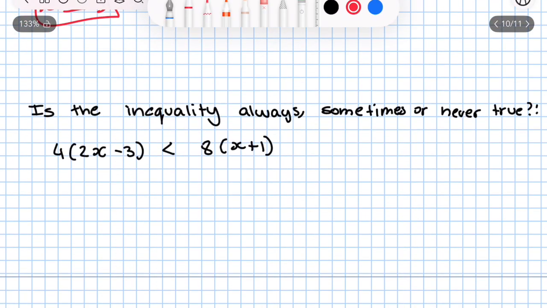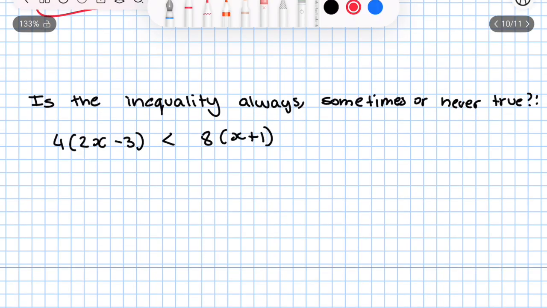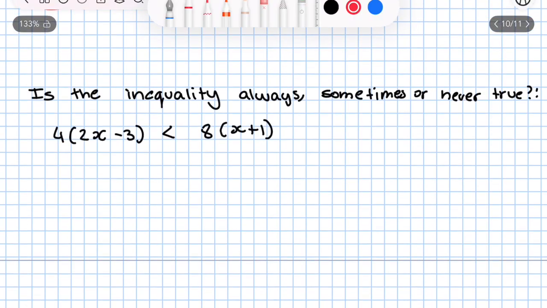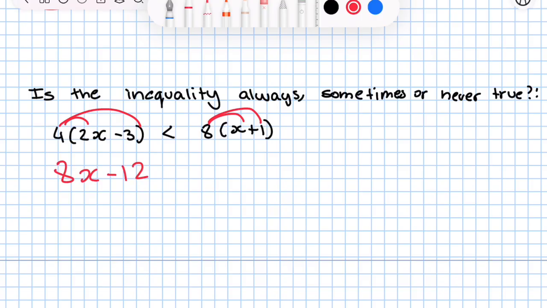Next problem. Okay. Is the inequality always, sometimes, or never true? Please feel free to pause the video and figure it out on your own. Okay. Now here, I would first distribute. So 8x minus 12 is less than 8x plus 8.